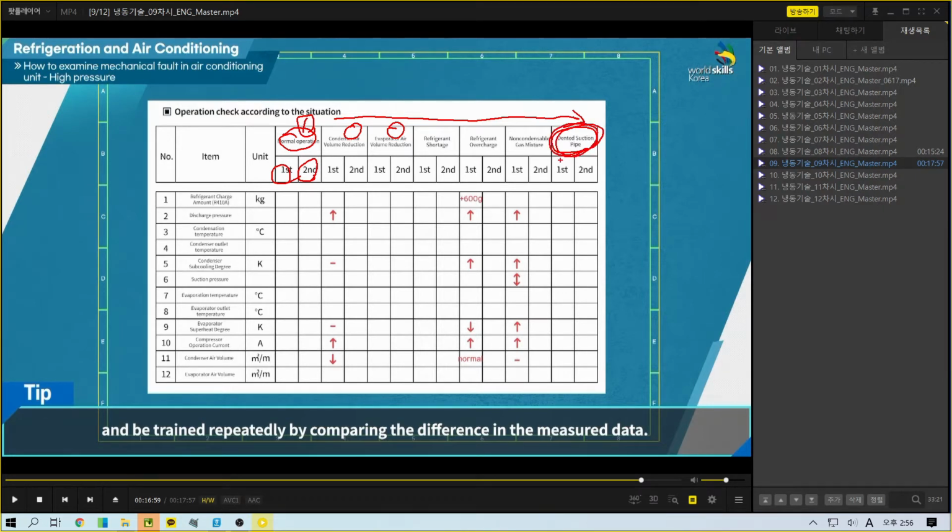In the last section, there is a fault made by pinching the pipe, causing the dented pipe.